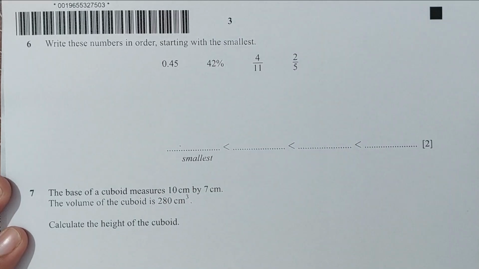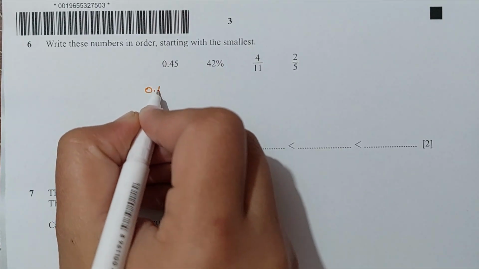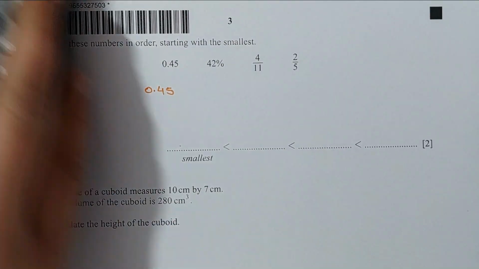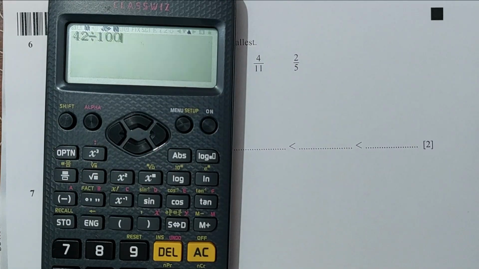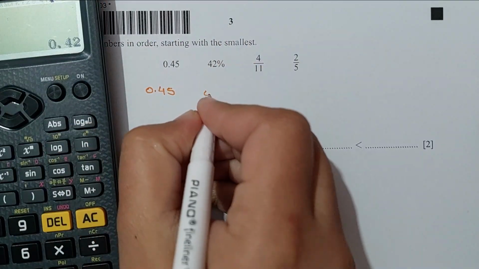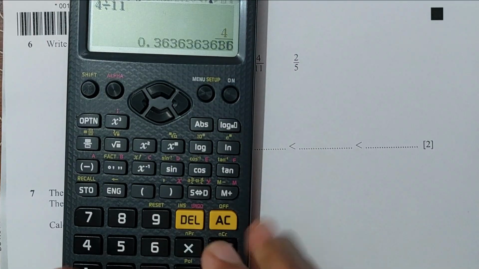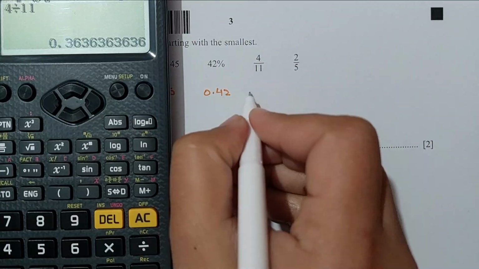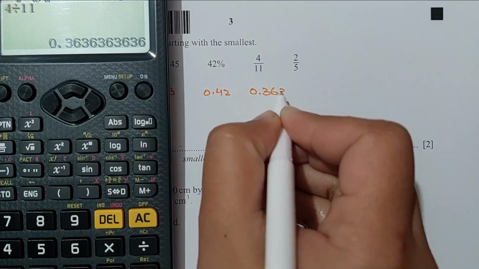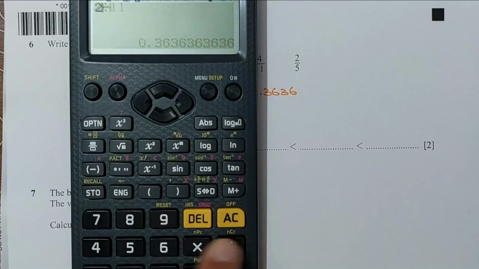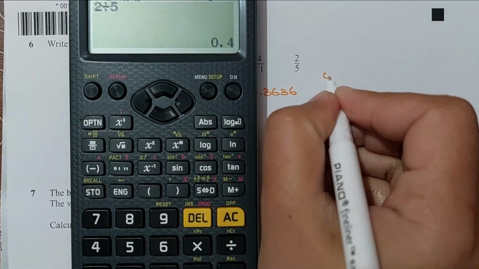Question number 6, write these numbers in order starting with the smallest. This is 0.45. What is 42%? 42 by 100, 0.42. What is 4 over 11? 0.3636. What is 2 by 5? 0.4.